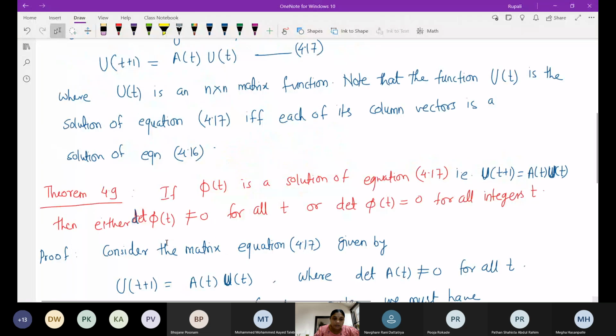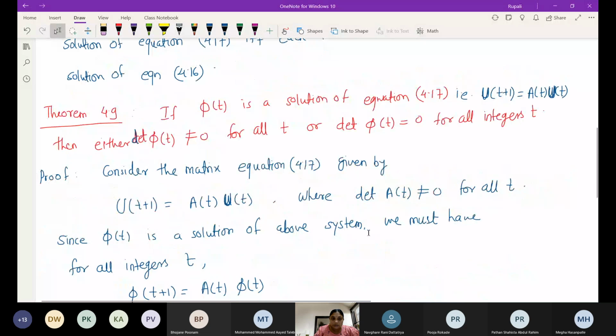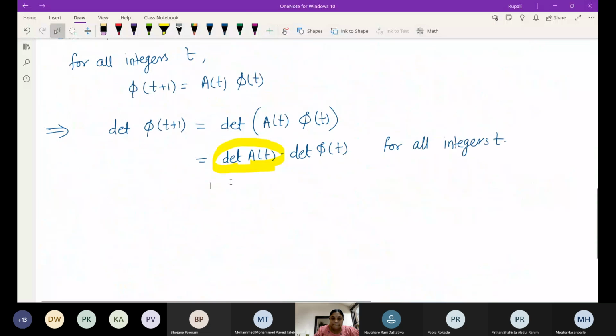So either the determinant of phi t is non-zero or the determinant of phi t is equal to 0. There will be only two cases.